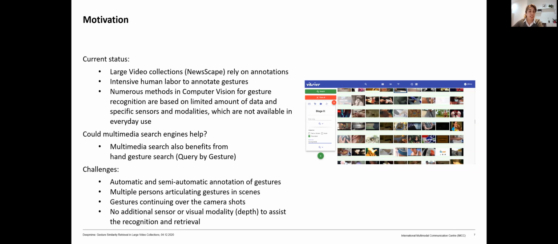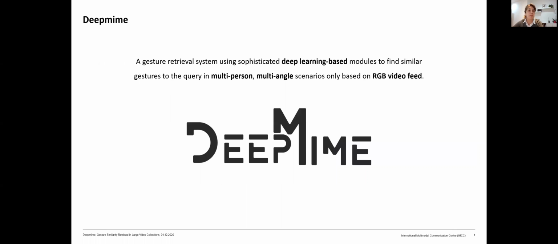And therefore, these are the challenges that we want to tackle in our system called Deepmime, which is basically a gesture retrieval system using deep learning based methods to find gestures similar to the query in multiple person, multi-angle scenarios, only based on an RGB video feed.